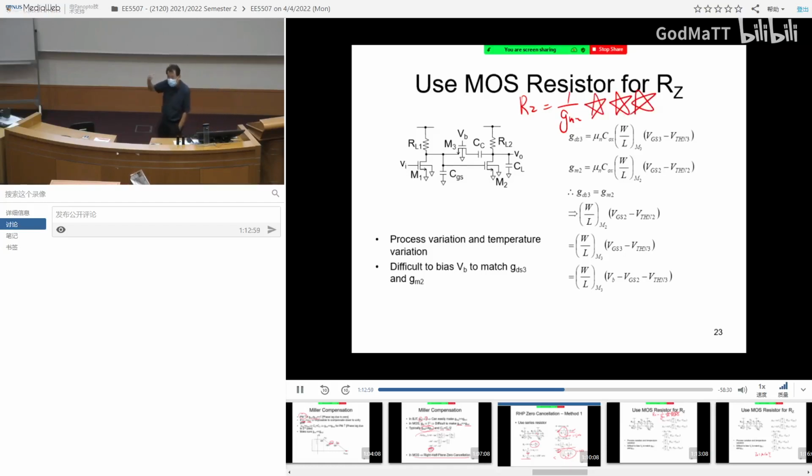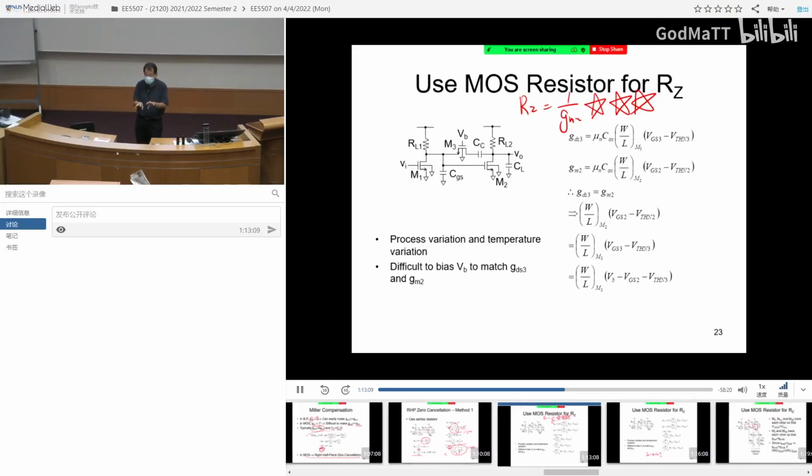Very difficult. 1 over GM2 is related to the transistor. RZ, if you use a resistor, is a resistor. Even if I purposely make sure they are matched, let's say temperature changes. The transistor has a different temperature coefficient than the resistor temperature coefficient. So the two are not going to match over a wide temperature range.